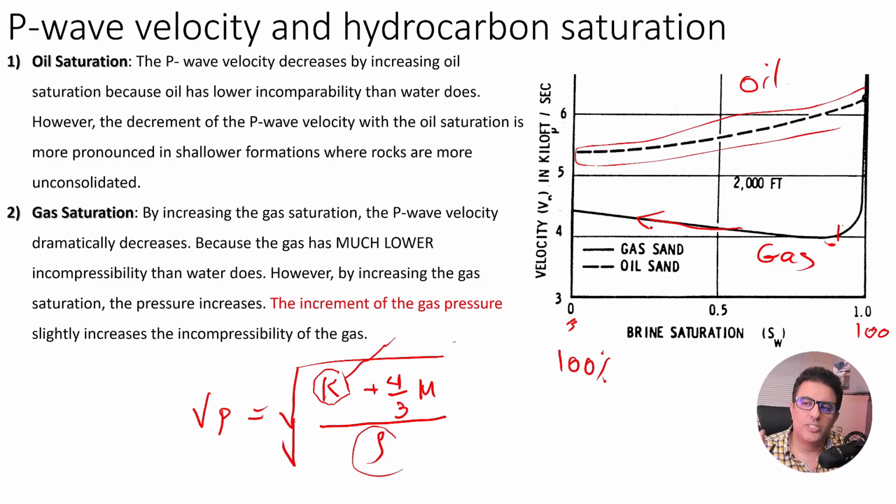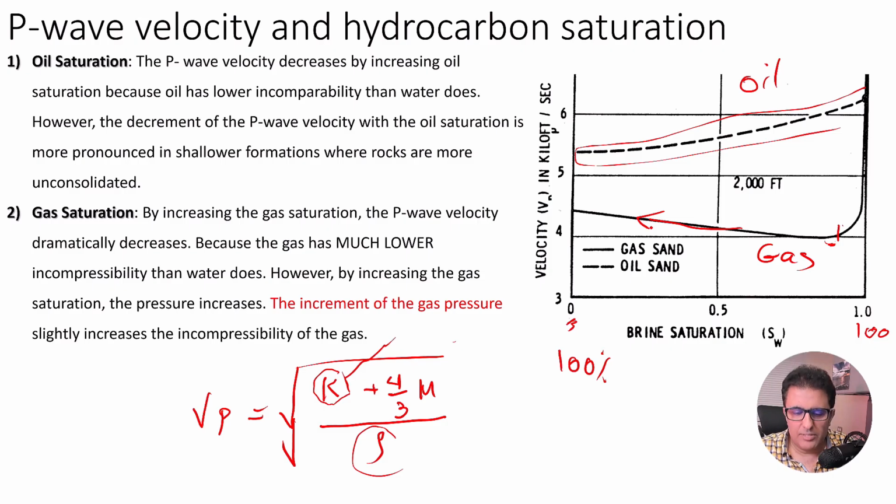Something that I just want to show here is that it doesn't matter if the hydrocarbon is oil or gas, the seismic velocity is much lower in the formation compared to a water-saturated formation. And this is, again, another thing that makes the estimation of the porosity from sonic data challenging, okay?